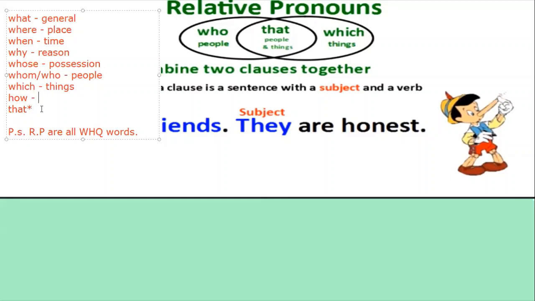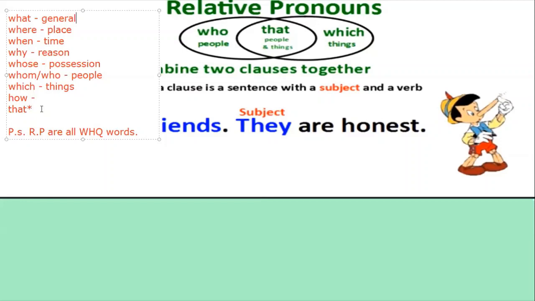Teacher, I was thinking that what is general and which is more specific. I mean, when we use which, we normally speak about things, right? We refer to something. But when we use what, we may refer to something, but we may be closer to the situation itself, to the whole situation.